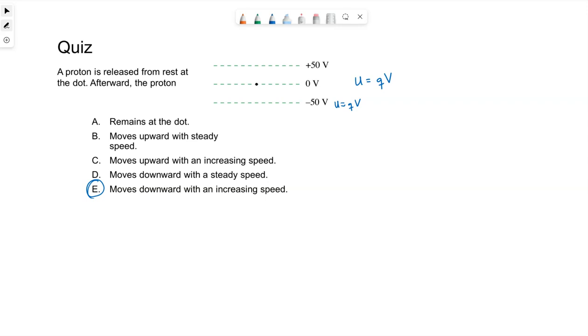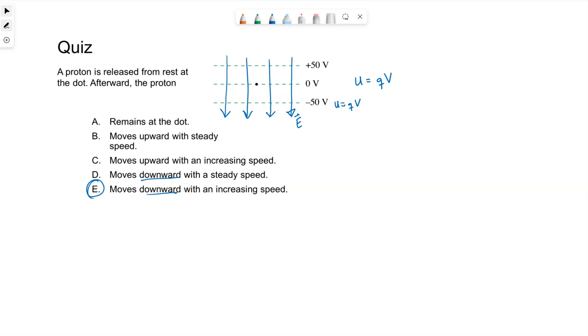Another way to think about this, we know electric field lines point from high potential to low. So there's got to be some sort of electric field in here that points downwards. We know a positive charge, a proton, will move with an electric field. So we know the proton is going to move down.